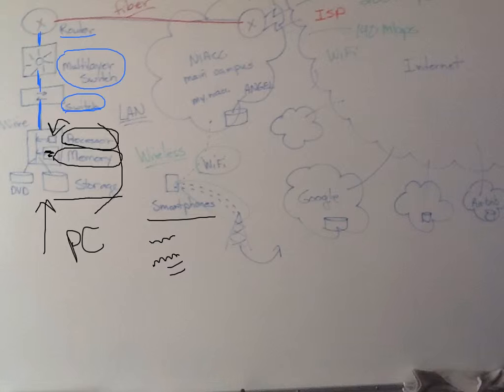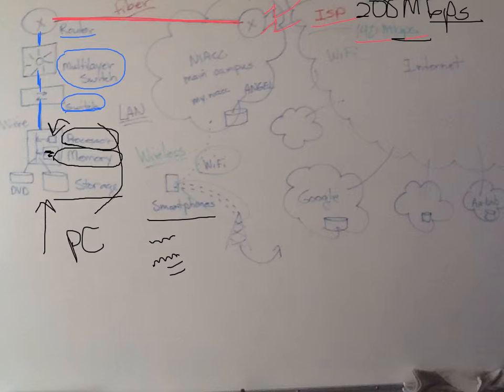The routing device here on campus then goes through fiber optic to another routing device on campus, which is fiber, also connects out to our ISP. Our connection to the ISP for the wireless is around 140 million bits per second, and for the wired part of the network, it's 200 million bits per second. We're going to talk a little bit about what bits per second are in a second.